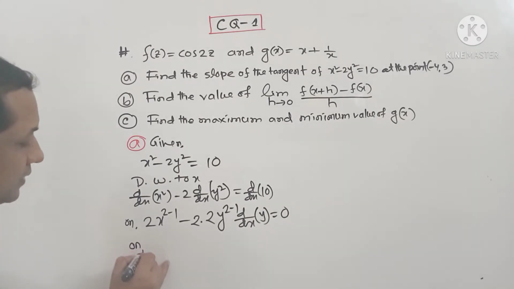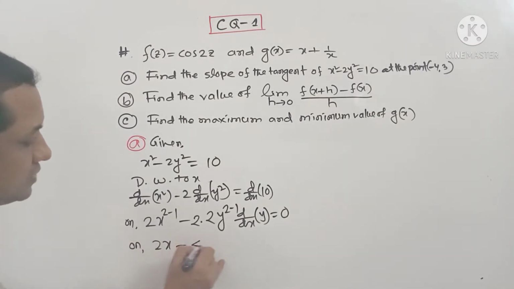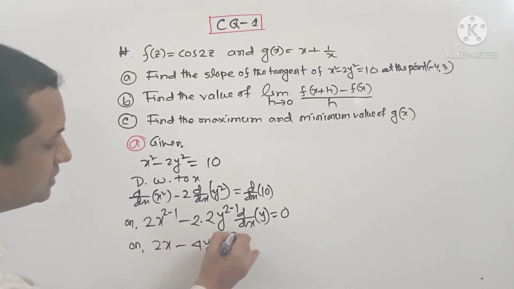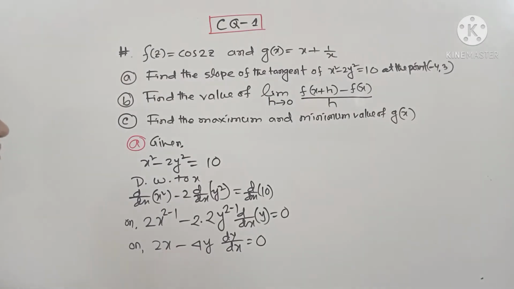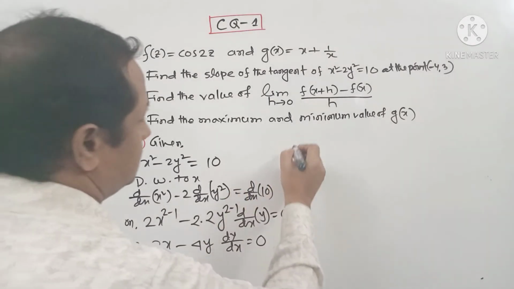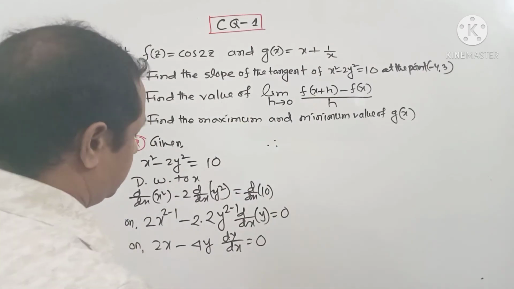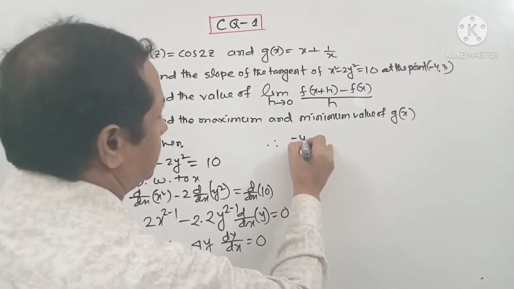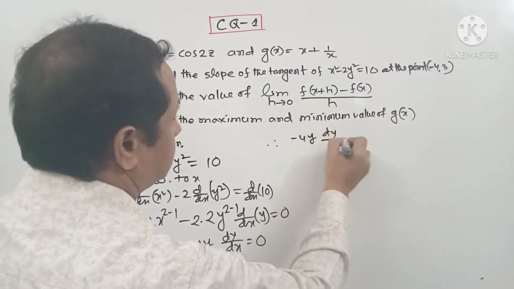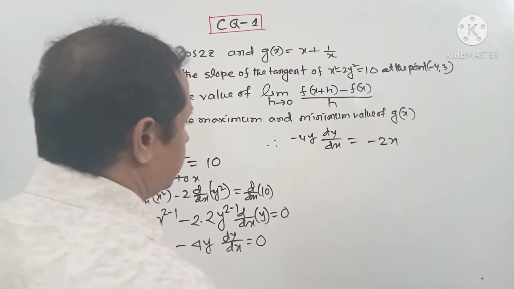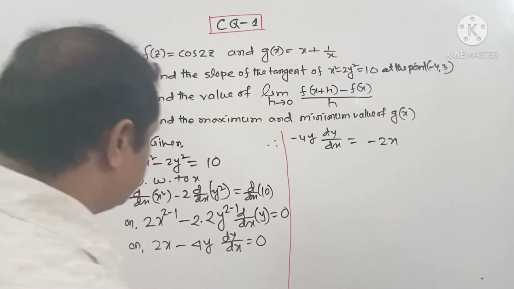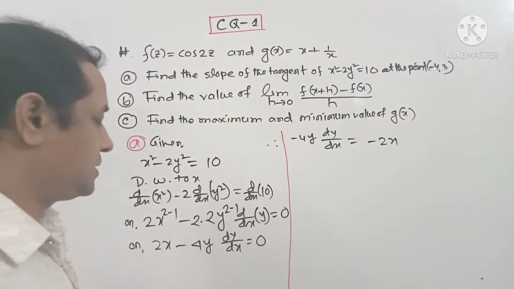Now 2x minus 4y dy dx equals 0. Now find the value of dy dx. So here, minus 4y dy dx equals minus 2x. Take it to the right side: 2x.